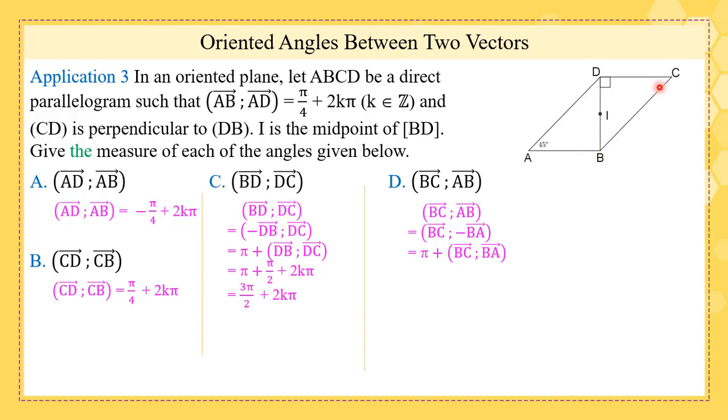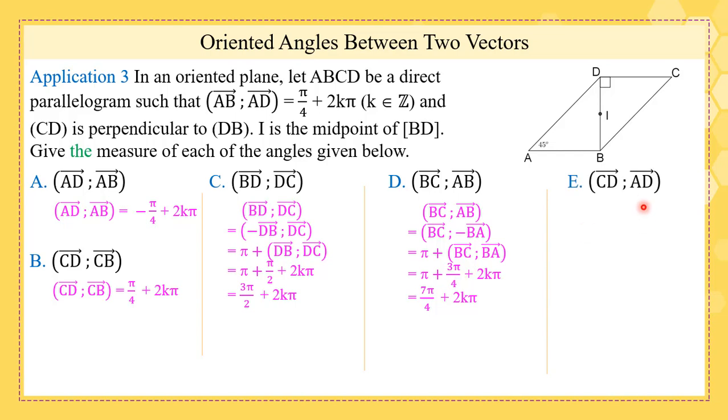This is BC and this is BA. Remember, this is a 90-degree angle and this is a 45-degree angle, so their sum is 135. And if we rotate from BC to BA, we are rotating anti-clockwise. So this is pi plus 3 pi over 4, which is 7 pi over 4.